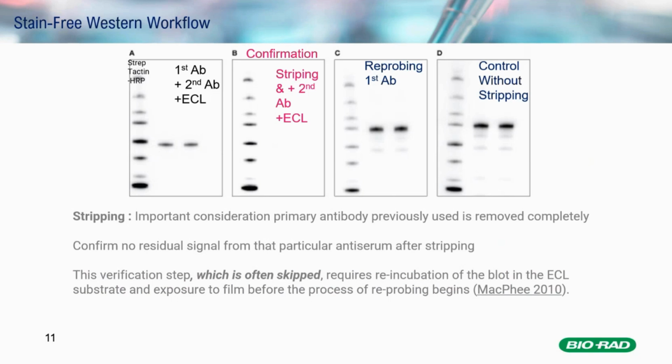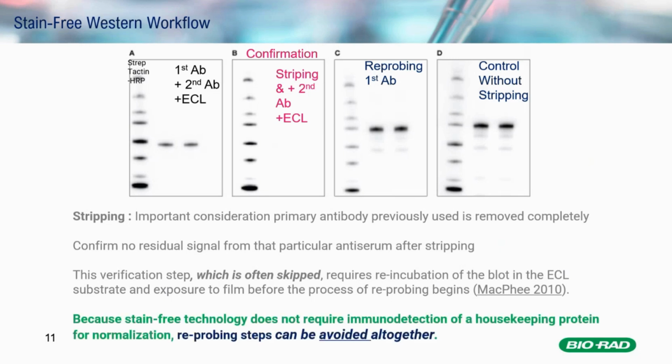So when we skip this step, we may fail because of the remaining primary antibodies from the first blotting experiment. So it may bring problems as well. Because stain-free technology does not require immunodetection of housekeeping proteins, reprobing steps can, of course, be avoided altogether. So you don't need to run these steps.